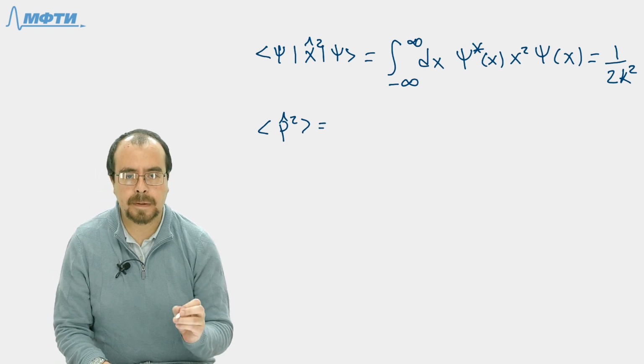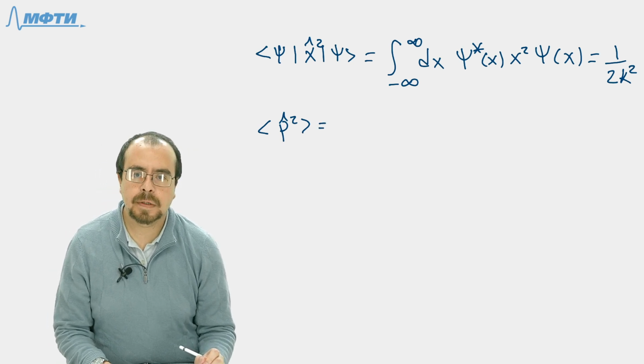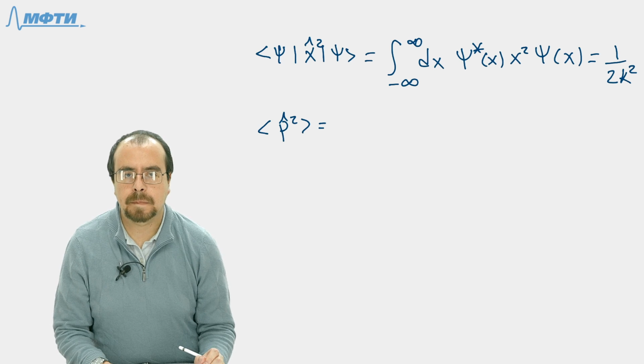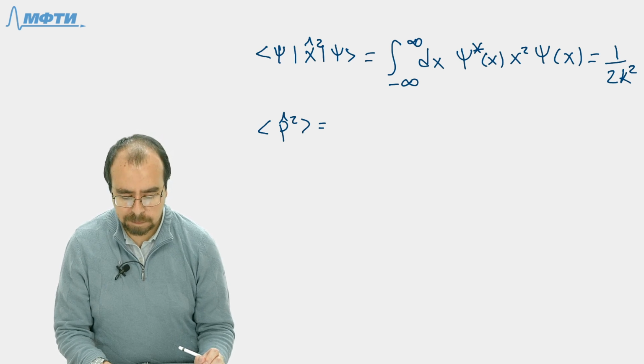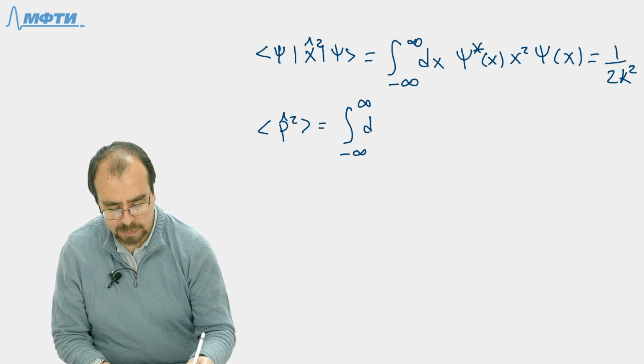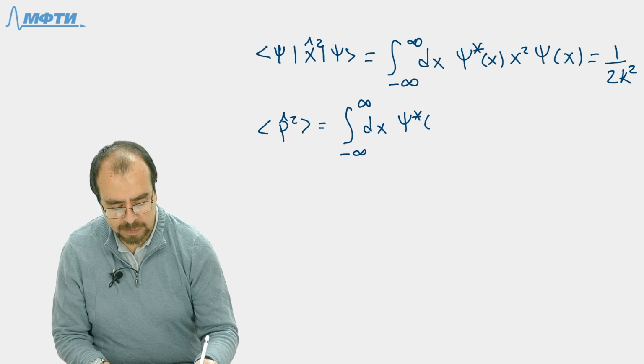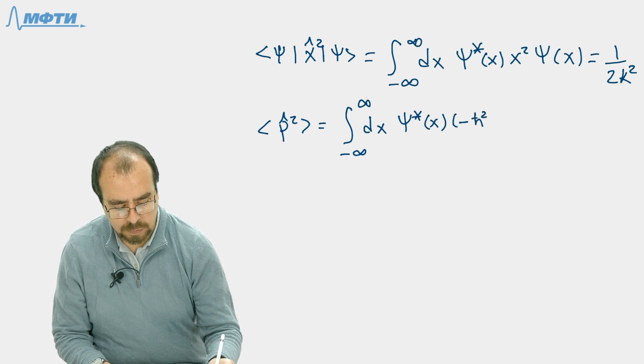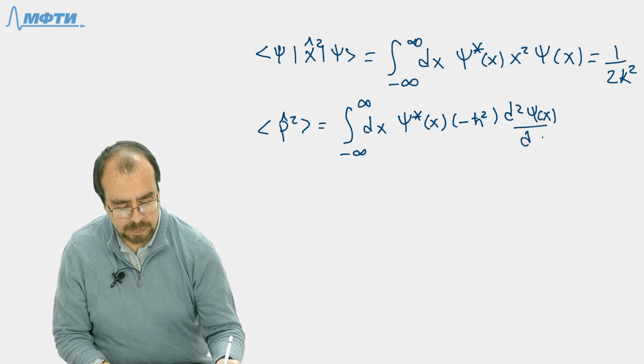So in this case, we can proceed in two different ways, and we can obtain the second derivative of the wave function, and then integrate the second derivative together with the psi star of x, then minus h bar squared, the second derivative of psi of x, d x squared.